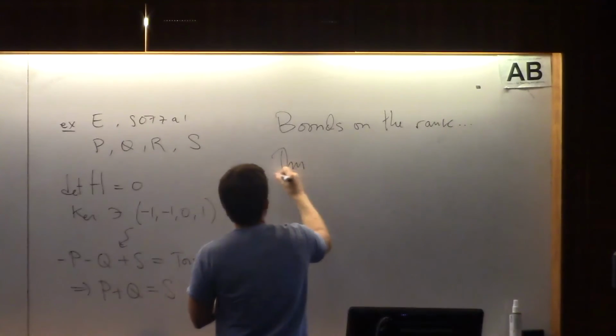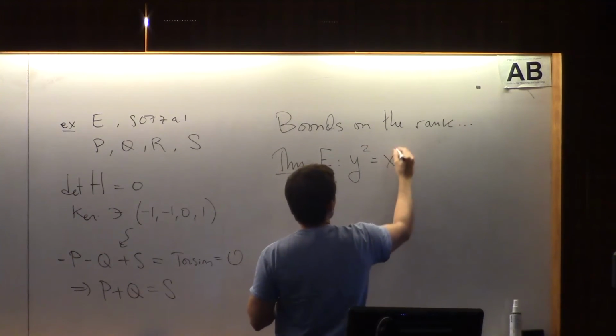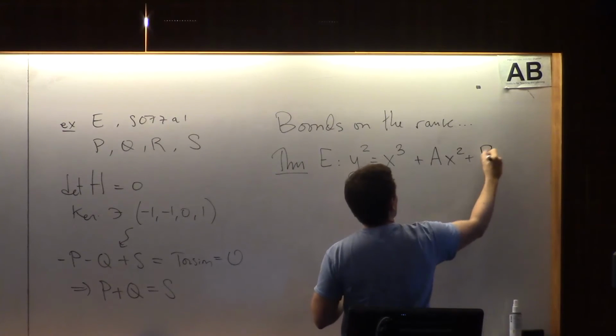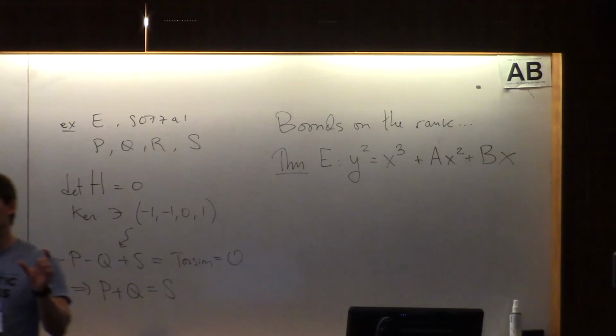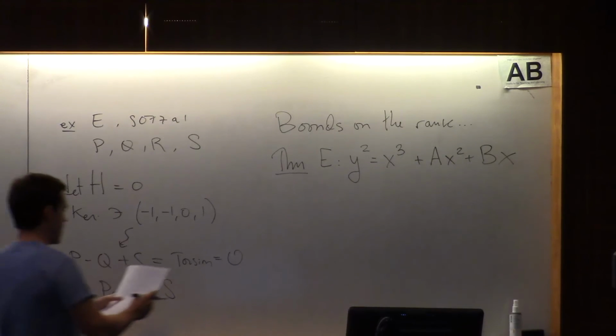So for instance, if you have an elliptic curve that has 2 torsion points, then you can write it like this. Because if there's a 2 torsion point, there is a 0 on the cubic polynomial in X, and you can translate so that X coordinate is 0, and you can write it in this form. Okay?